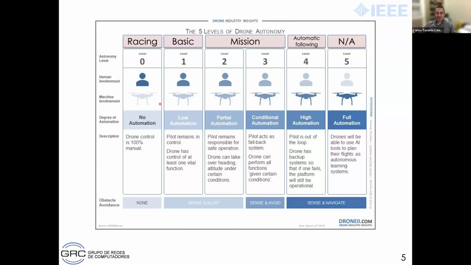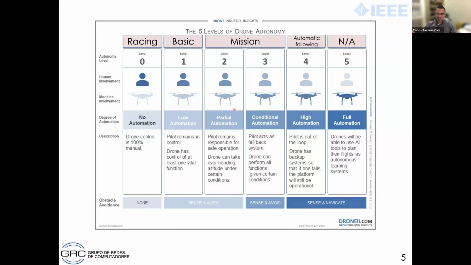Throughout the years, I have seen how this technology was evolving in the last decade. At the beginning, initial efforts introduced very little automation. For example, the drone is able to maintain only flight altitude. Then we started introducing drones with more intelligence, and this was the eruption of DJI, Phantom type UAVs. At this level, we already include the concept of mission.